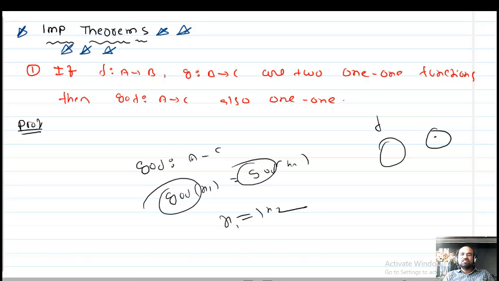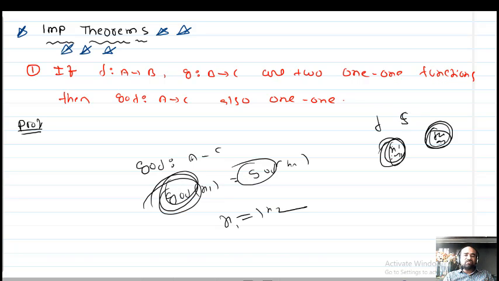How did you prove it? Their images are different. We proved their inputs are different. If inputs are different, we want to prove that their outputs are also different. If outputs are same, we prove that inputs are same, like that. This is x1, y1. This is f of x1, f of y1. If these two are different, we prove that these two are different. Okay, means different elements should be paired with different elements of the second. Then only f is said to be one-one, like that.